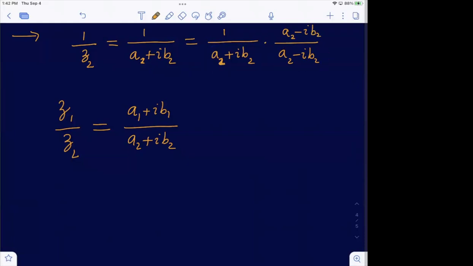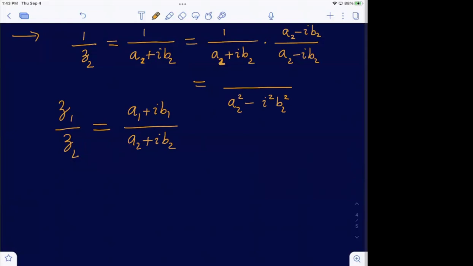Now, if I multiply, what do I get? In the denominator, when I combine these two, what I'm going to get is a2 squared minus i squared b2 squared. Let me write it: a2 squared minus i squared b2 squared. That is none other than simple algebra, right?